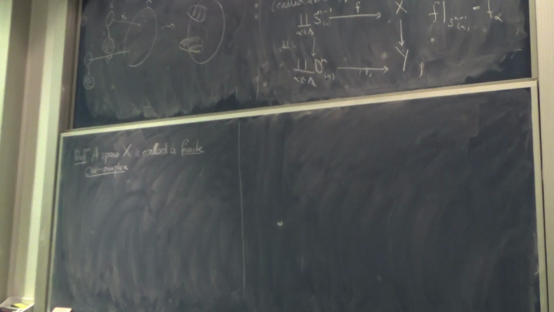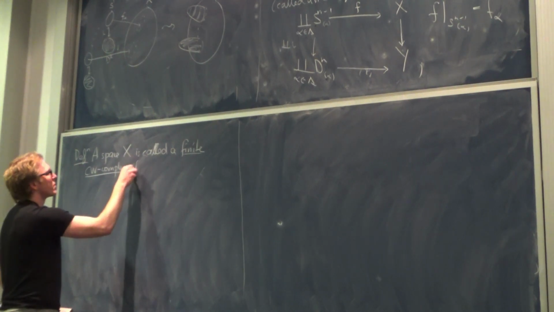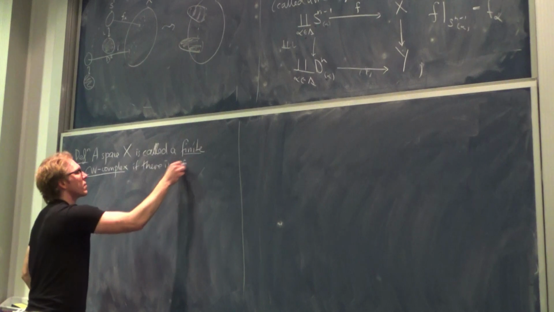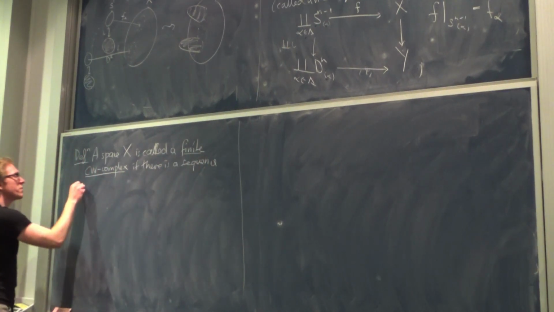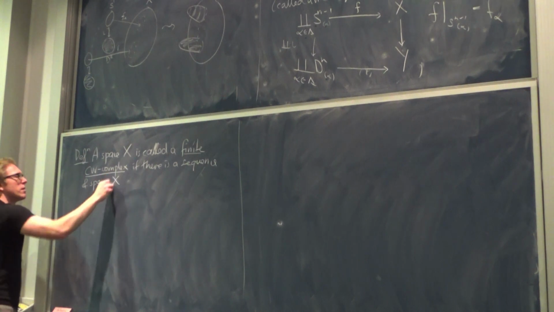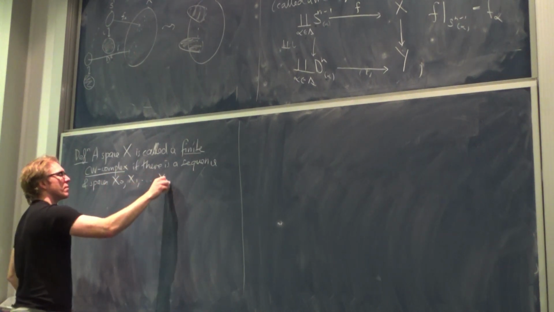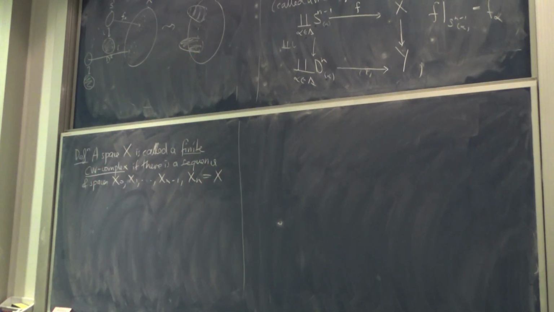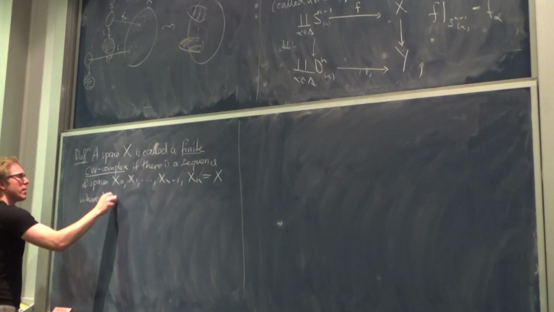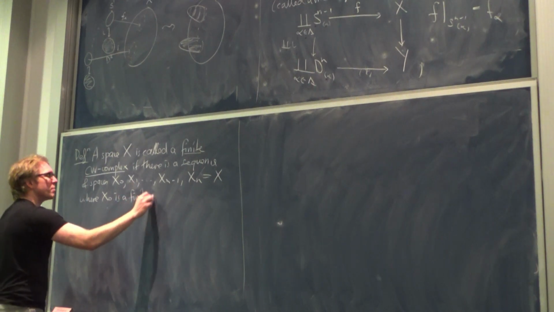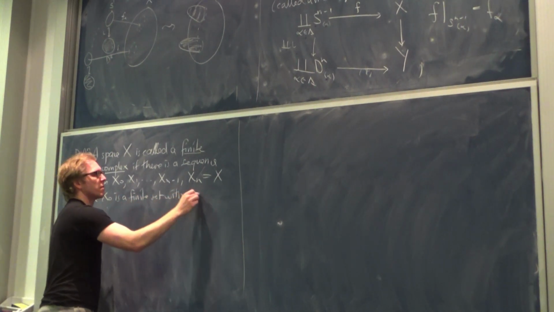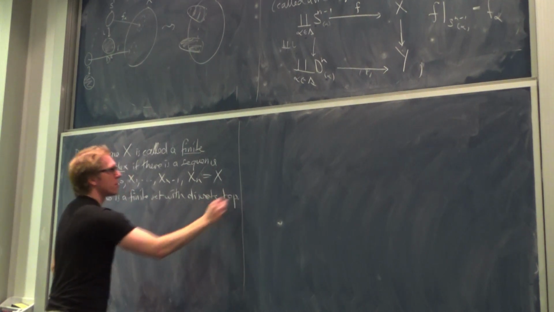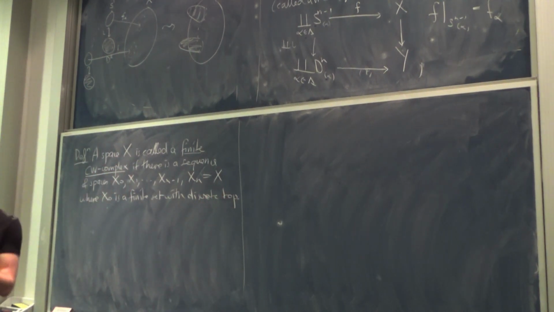So a space is called a finite CW complex if there's a sequence of spaces x0, x1, and so on, leading up to x after some finitely many steps, where x0 is a finite set with the discrete topology. That's the first step of the construction.